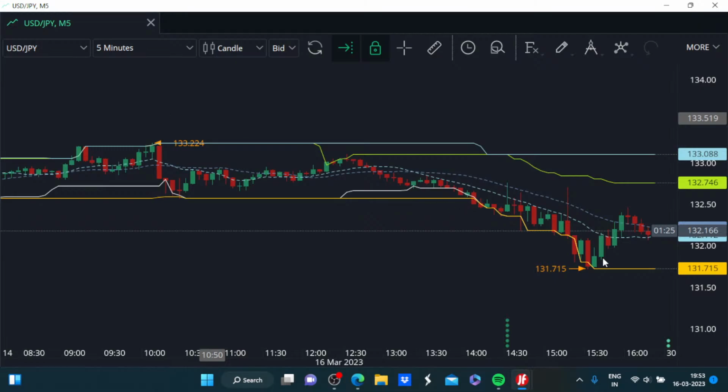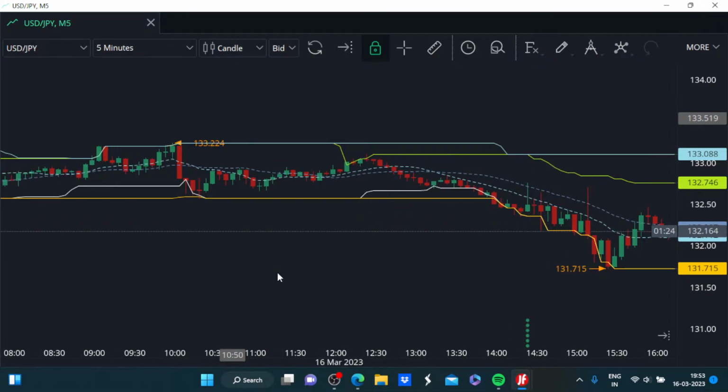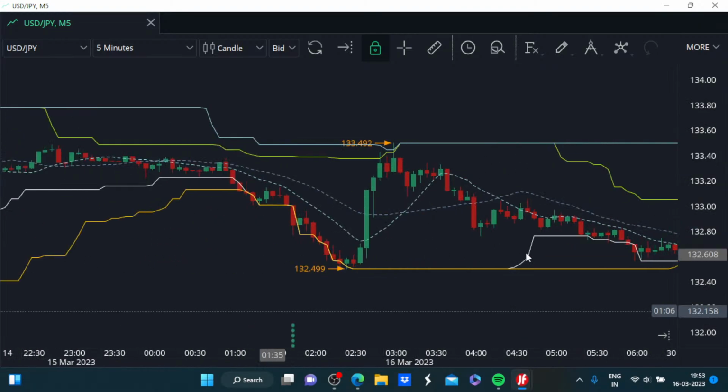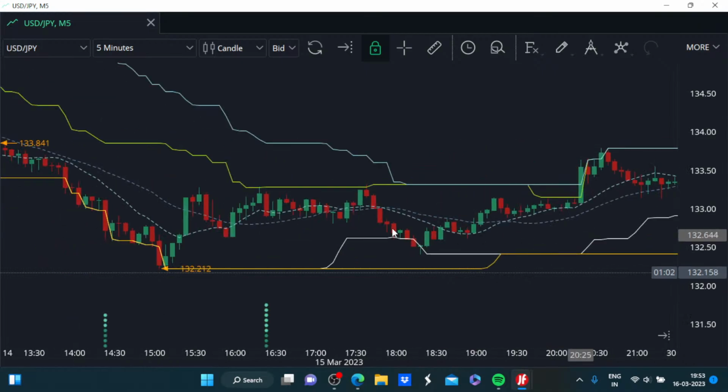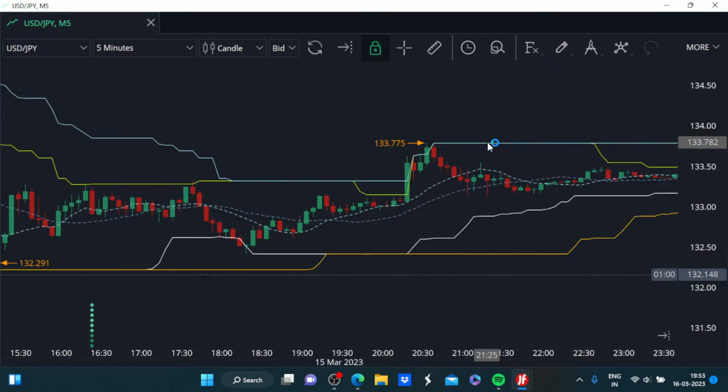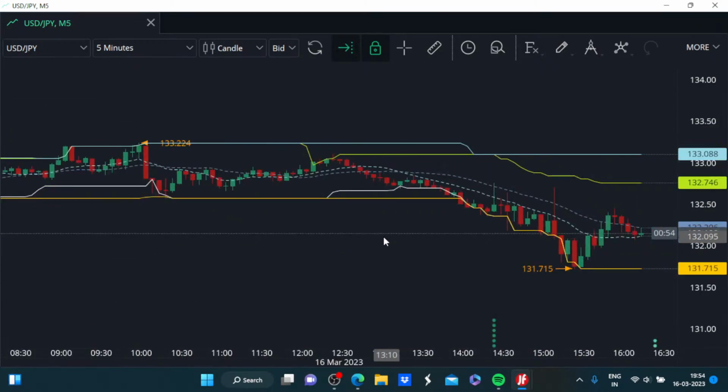It has made this low at 131.75, and given the momentum is in favor of the Japanese yen, we will do well to keep trading with the trend and not go for any kind of catching the falling knife situation, as we have this strong bias in the USD JPY of declining towards 130 in a coming session.